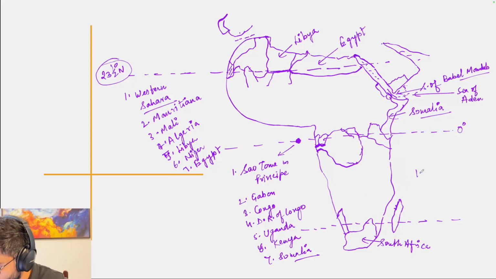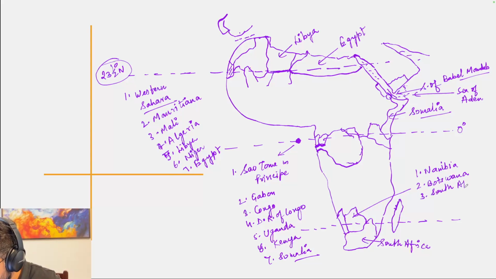So the first country would be Namibia. Then from this side a country will come called Botswana. This is Botswana. And this third country obviously is South Africa. And the fourth country, if you remember, I had already drawn, this is Mozambique. And this is Madagascar.